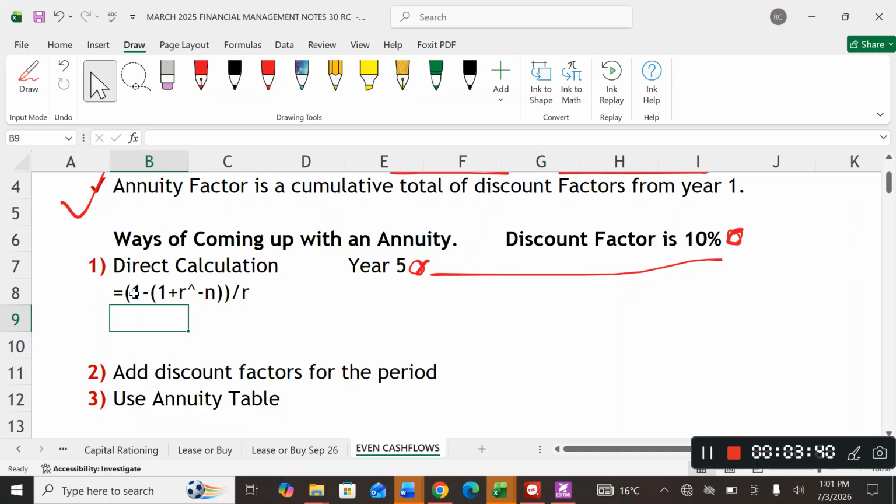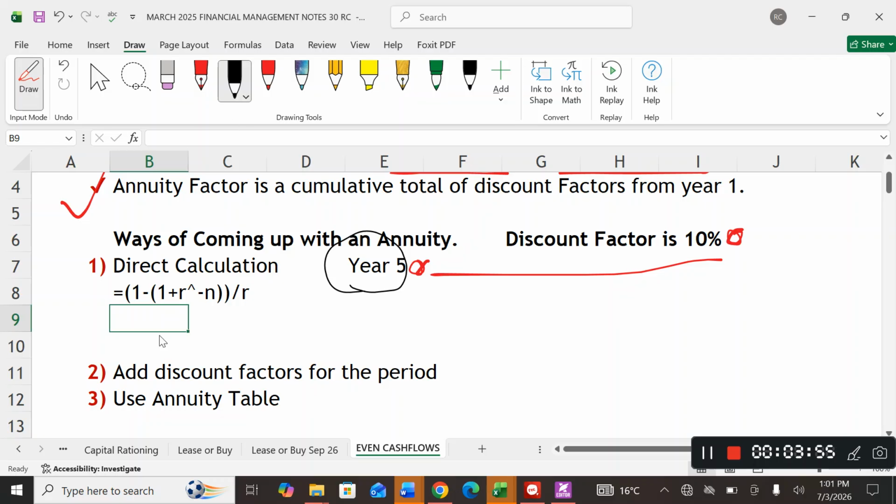In this case, r is 10%, and n means the number of years, so for year 5, n is going to be 5, divided by 10% again.